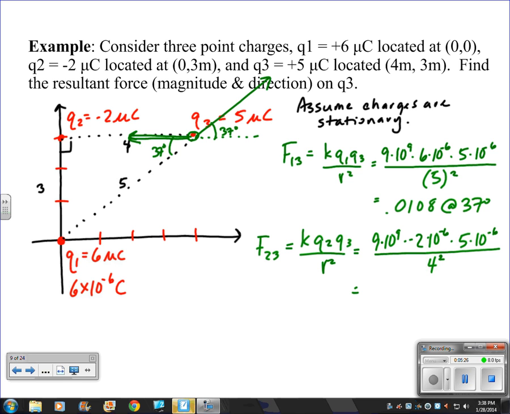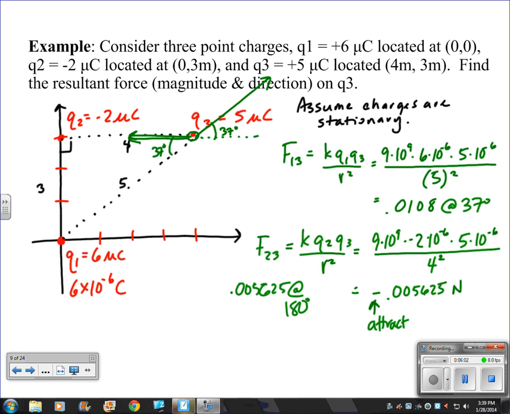And when I multiply that out, I get -0.005625, which could indicate that that is to the left. Or you could think of it this way: a negative indicates an attractive force. But really, when I write out what my force actually is, I'm going to write it in polar form, which is 0.005625 at 180 degrees.